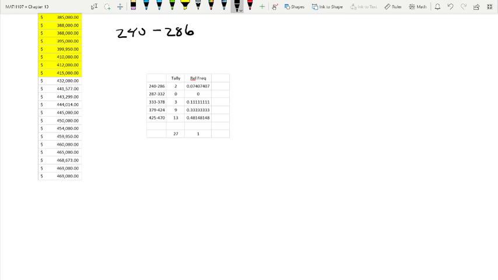And the way we get that number, so for example, we had 2 houses out of 27. And that gave that 0.074 number. So that's how that number comes about. And if you add up all those relative frequencies, they should add up to 1.